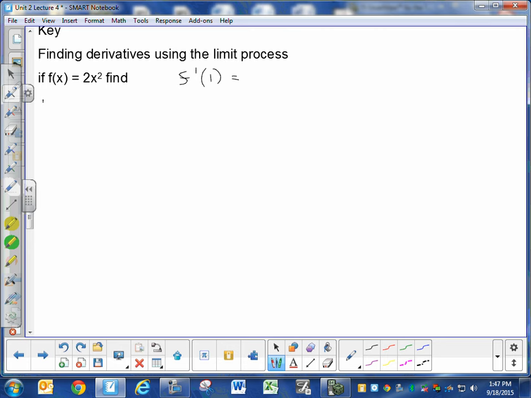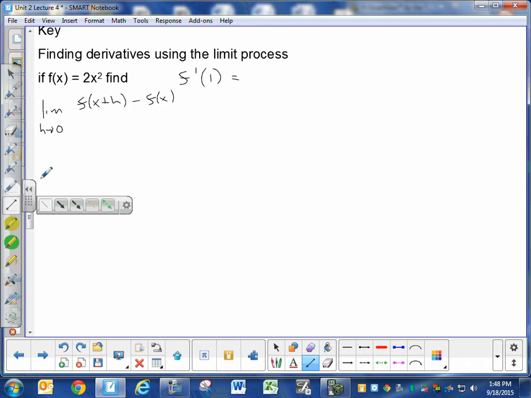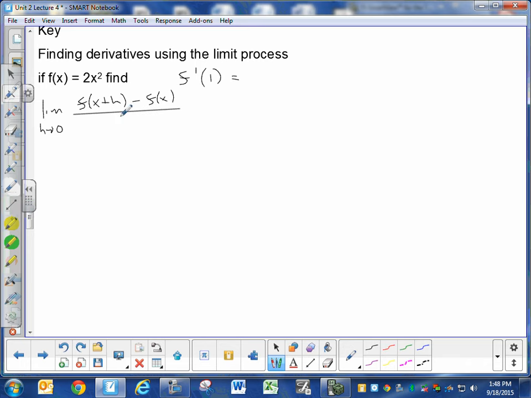Well, let's first start by writing down our magical definition of a derivative, our magical formula. That says I'm going to be able to find the slope of the tangent for any function anywhere. Well, I could actually plug stuff into this. Okay? I could plug f of x in.